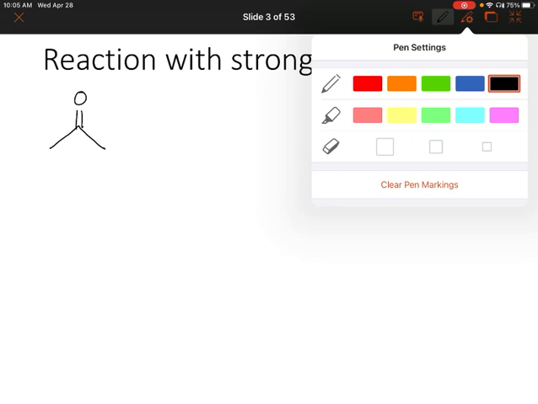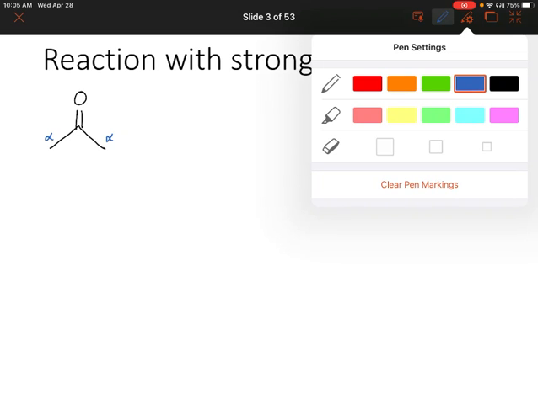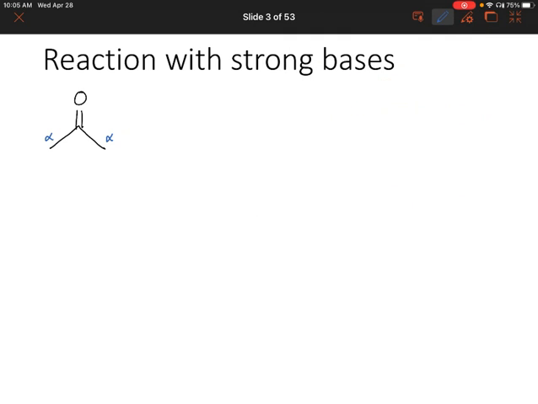Again, we have two alpha carbons, so both of these carbons are one position away from the carbonyl carbon. Let's draw our alpha protons on one of the alpha carbons. We don't have to show all the alpha protons here.